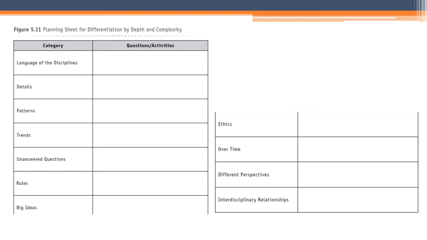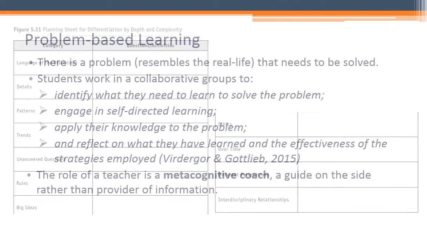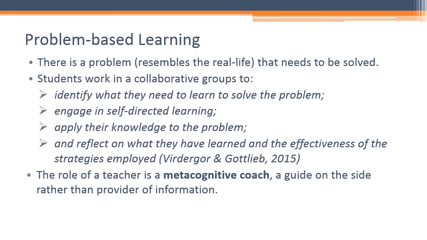So, if you are a teacher of gifted students, this might help you to outline your questions in each category of the method that I have discussed, making questions by means of depth and complexity.